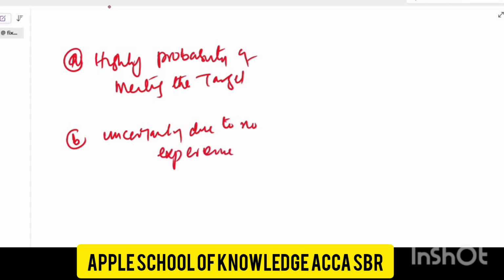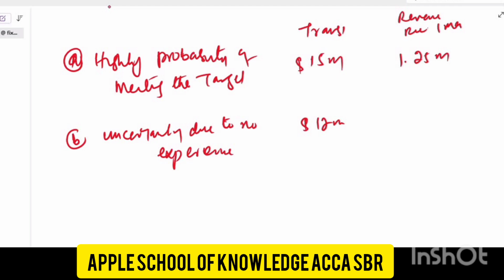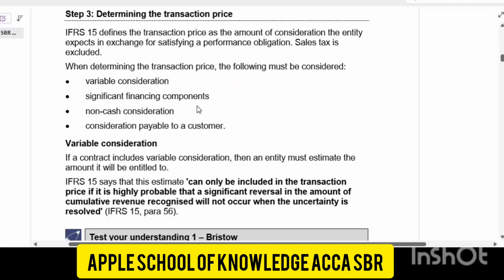Clear? So the transaction price with a high probability will be 15 million, and the transaction price with uncertainty due to unknown experience will be 12 million, and revenue recognition for 1 month, that is to 31st December, will be 1.25 million, and here it will be 1 million. So this is just the solution of the first question. Clear?